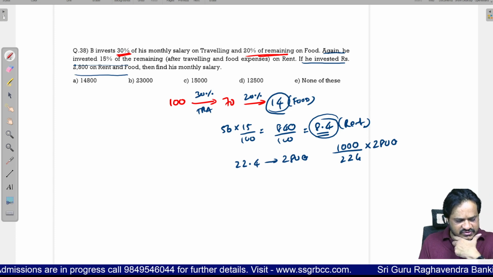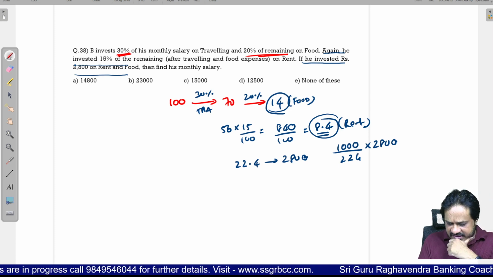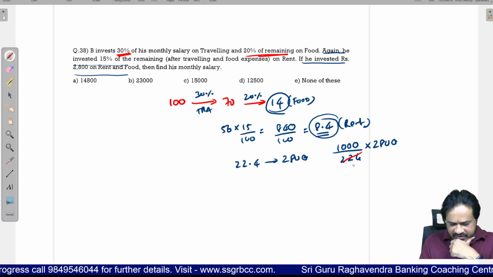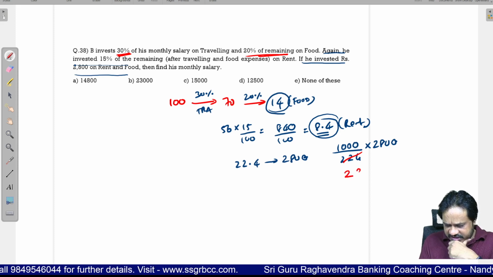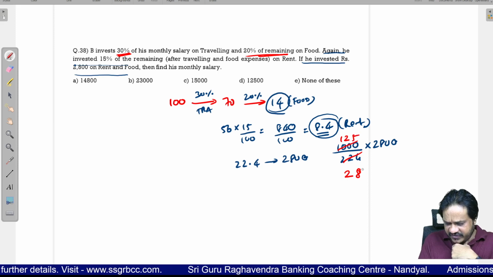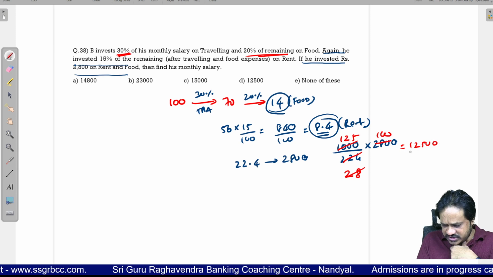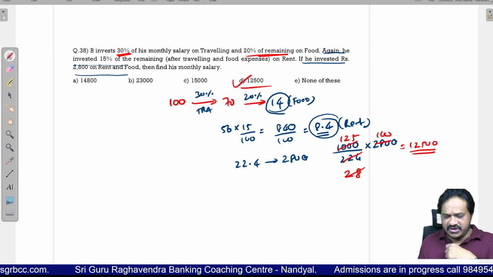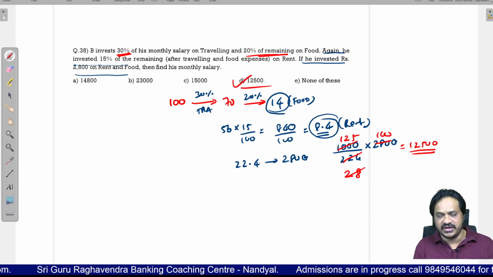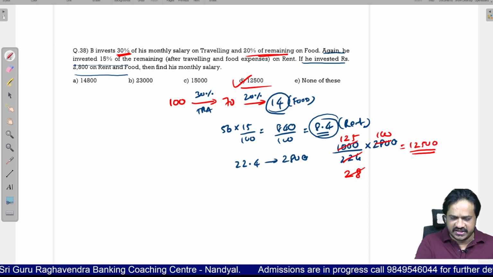So if you solve this one, you will get the answer. Let us do with 8 first. 8 2s are 16, 8 8s. Here 8 12s are 96, 8 5s are 40, and so on. So you will get 12,500. Monthly salary is 12,500. Option 4 is the correct answer.